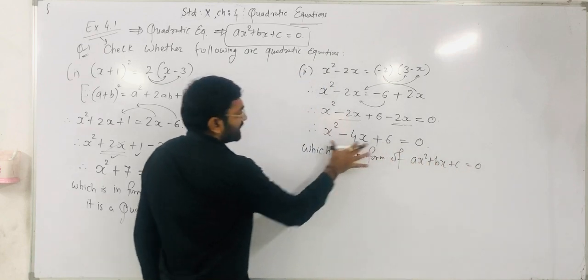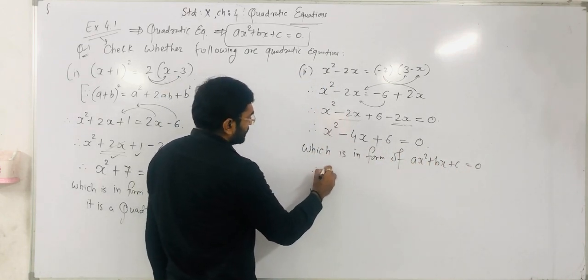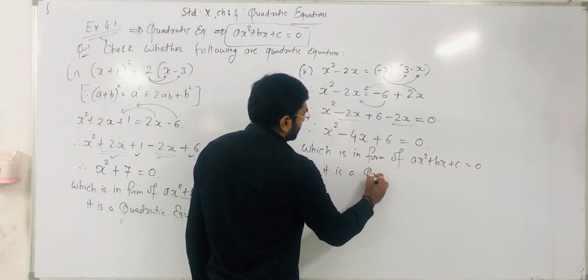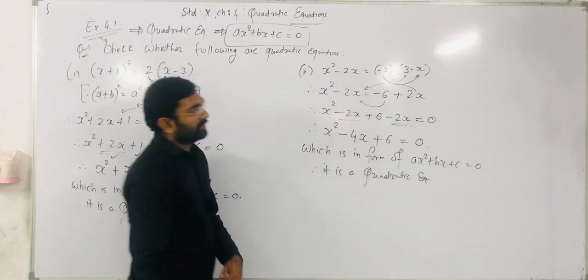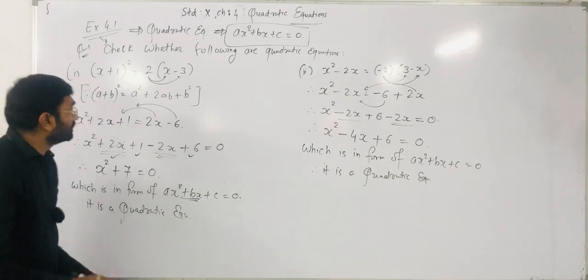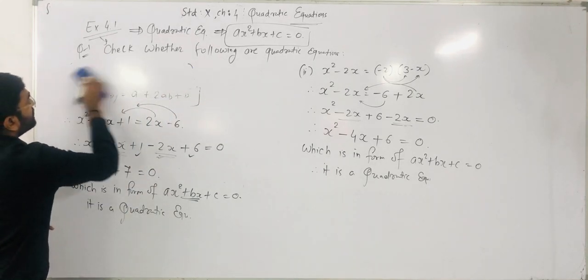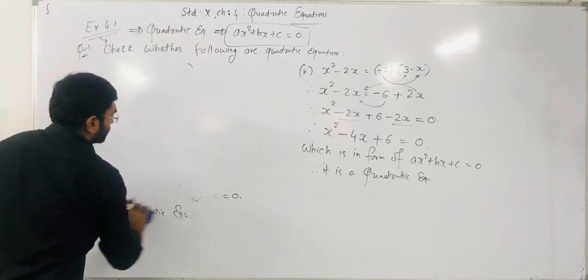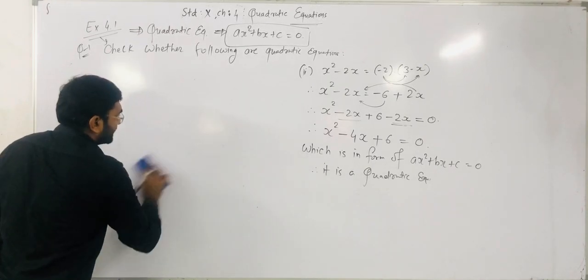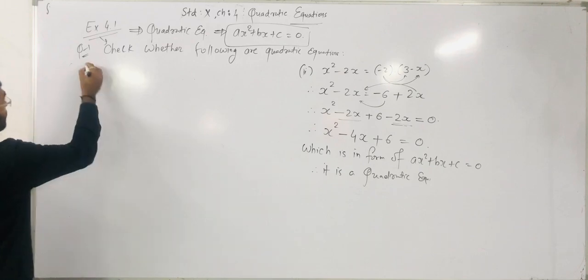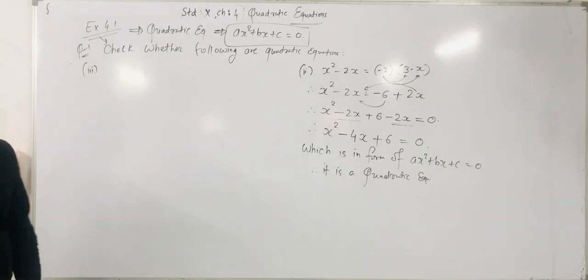In that form we get the equation, so it is a quadratic equation. Okay. That way you can define whether the given equation is quadratic or not. You should not decide directly. After doing the simplification, you have to decide whether it is quadratic or not. Now the third one we have to solve.